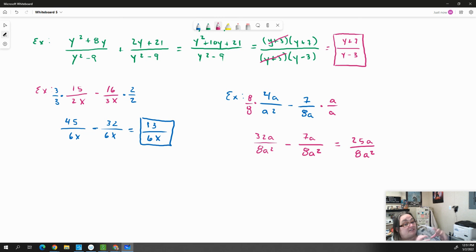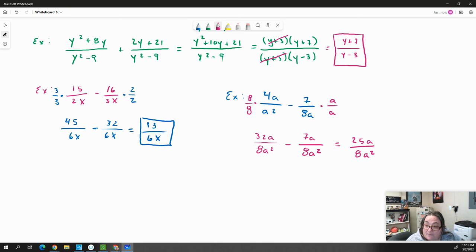And then again, we're going to see what we can do to reduce it. Now, 25 over 8 does not reduce because the factors of 25 are just 1, 5, and 25, and the factors of 8 are 2, 4, and 8, and none of those are common factors. So those are just going to stay the same.